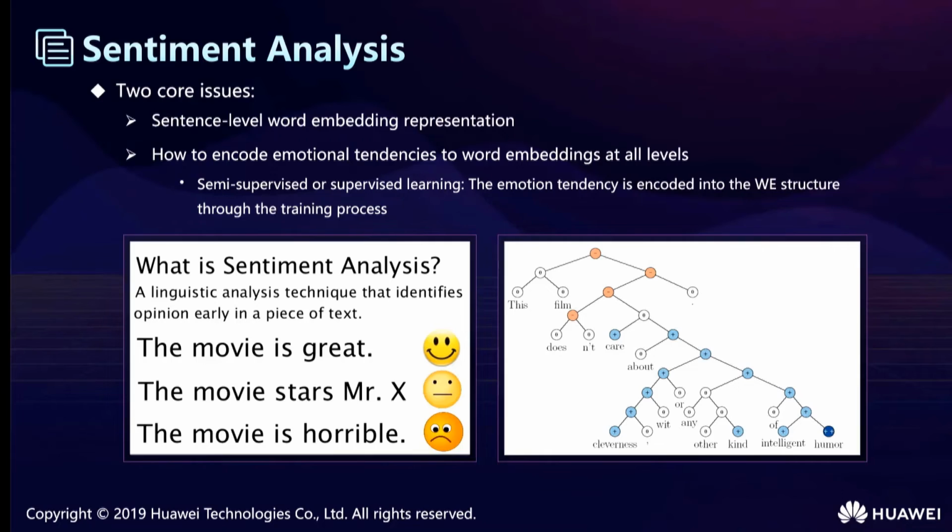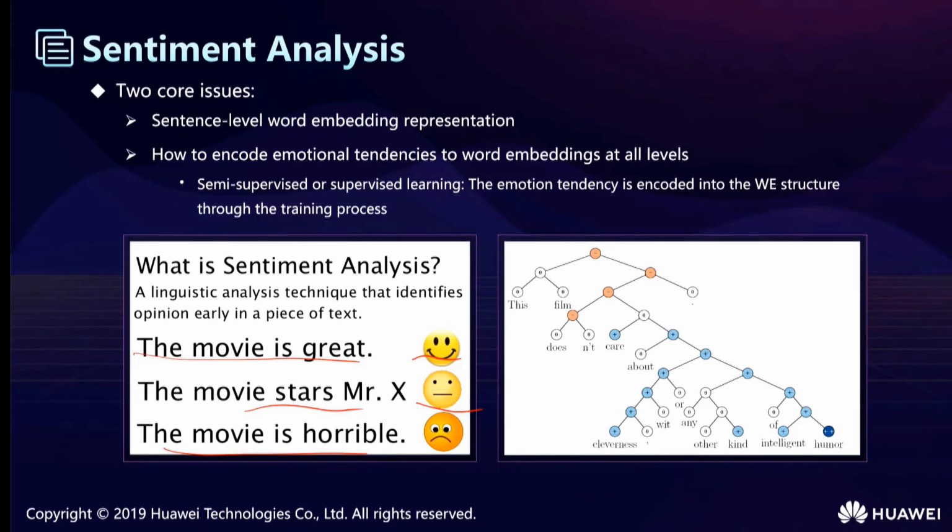We also can do sentiment analysis. We can analyze text to judge emotions. For example, there are comments about a movie. If the movie is very great, it's very happy. If the movie is quite okay, it's neutral, and if the movie is horrible, it's very sad.